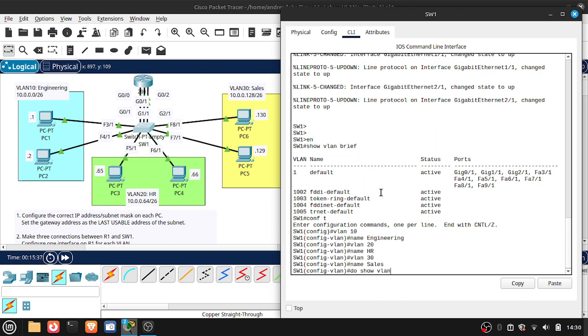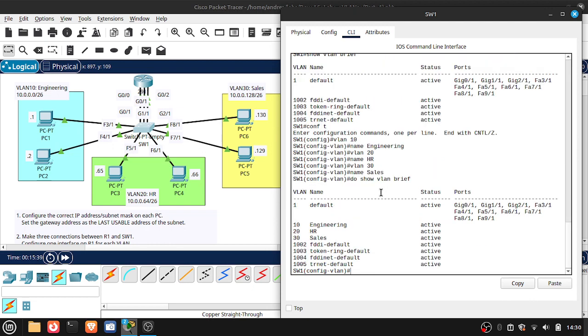Do show vlan brief. We have created our 3 VLANs 10, 20, and 30, and they have their names, but they don't have any ports. We have to add ports to these VLANs according to our network topology.